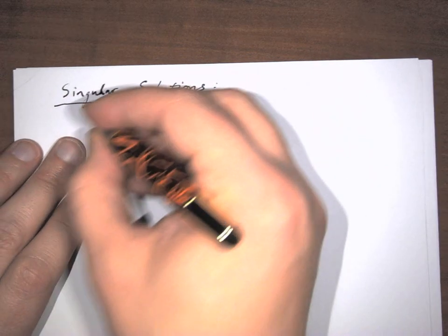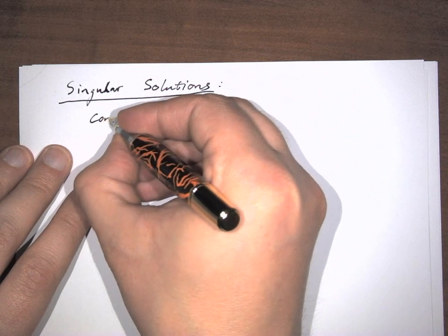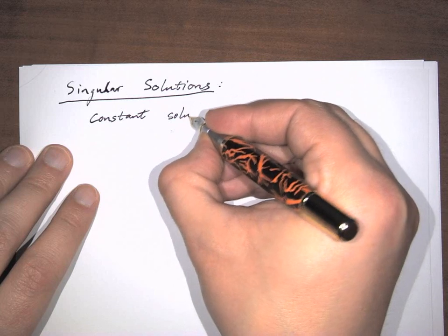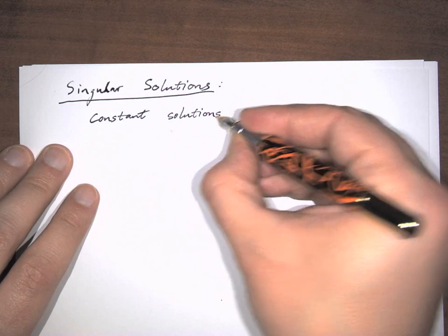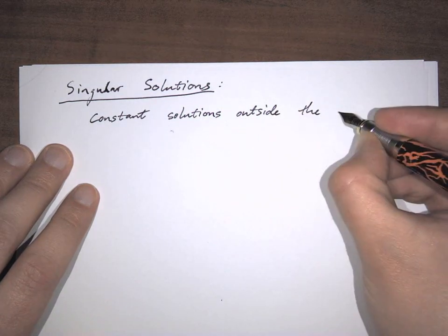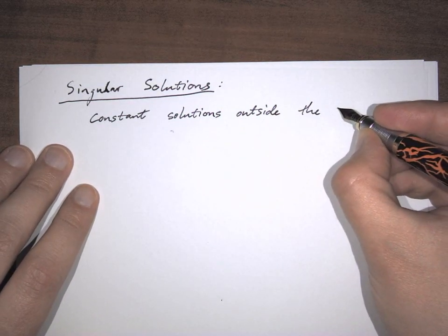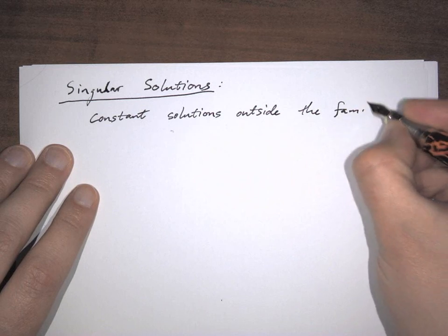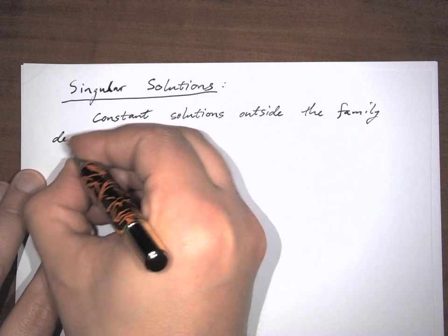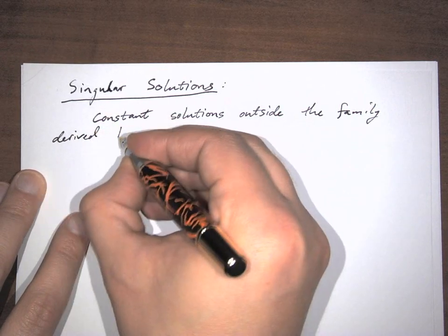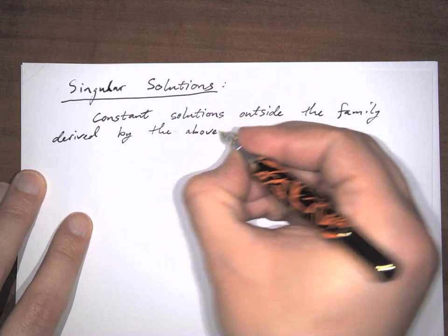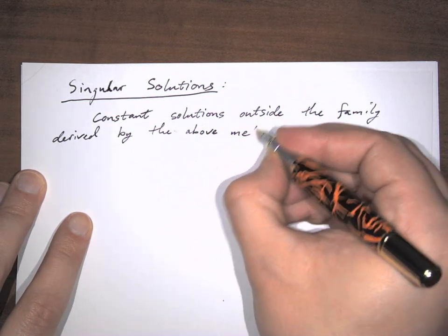So these are constant solutions outside the family derived by the above method.